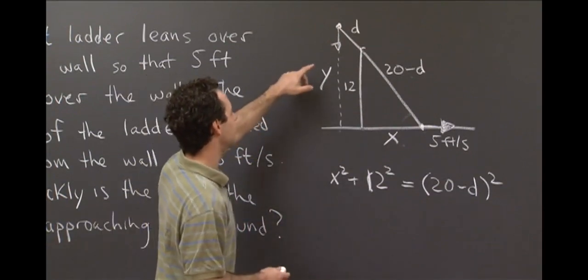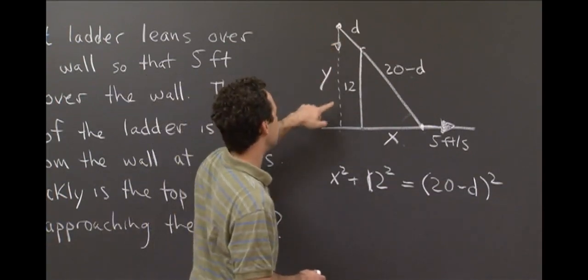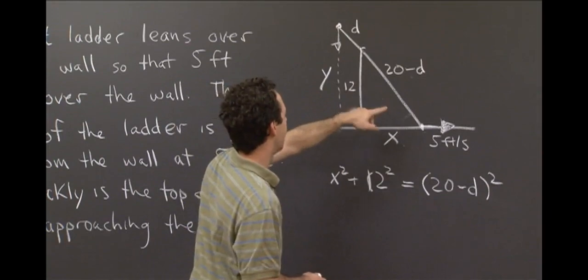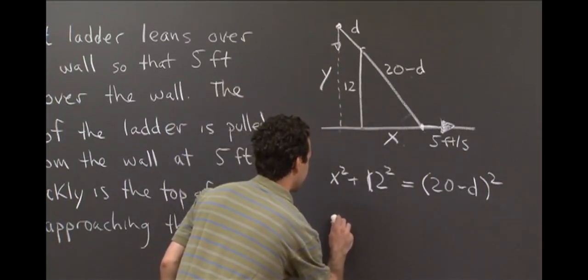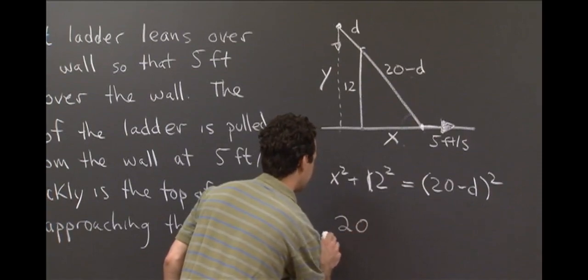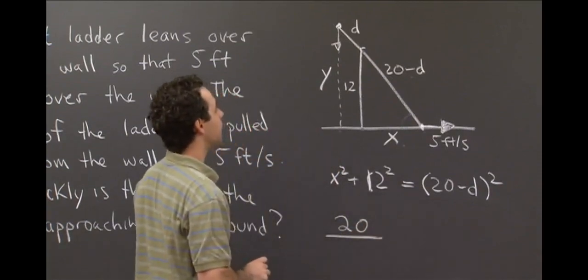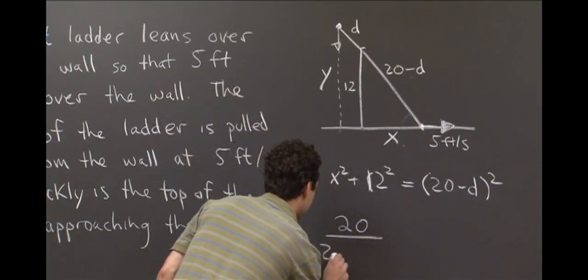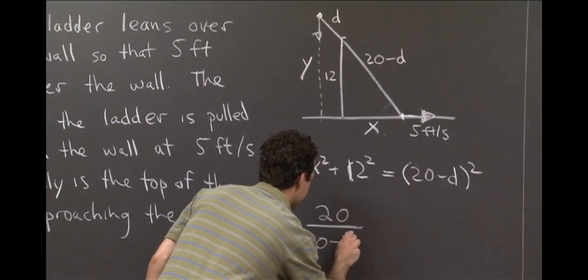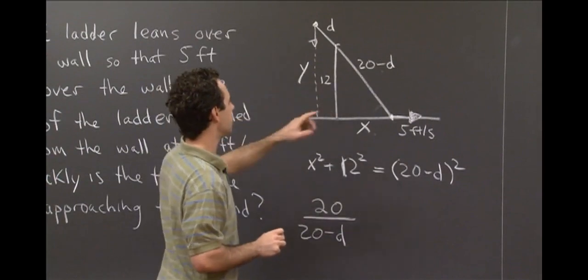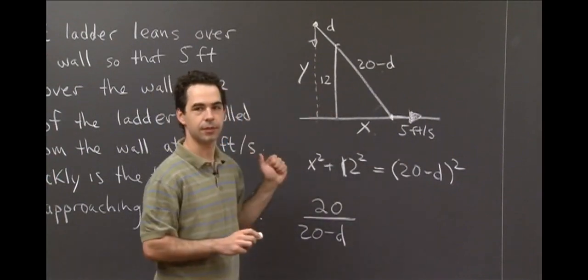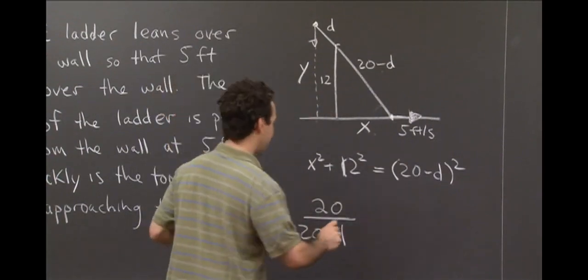So what is the similar triangle? Let's look at the hypotenuses. The big hypotenuse has length 20, and the small hypotenuse has length 20 minus d. Good. So that's the ratio of the hypotenuses, and that has to be equal to the ratio of the corresponding legs.